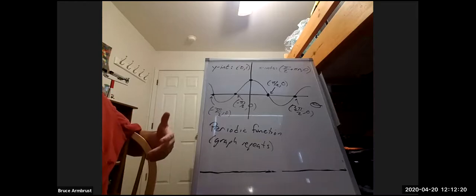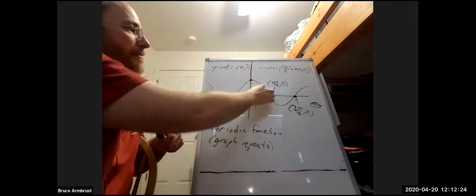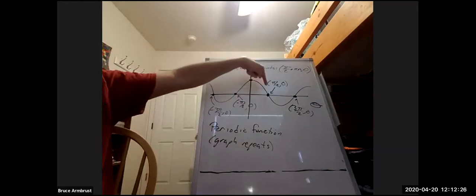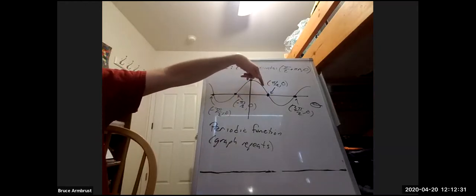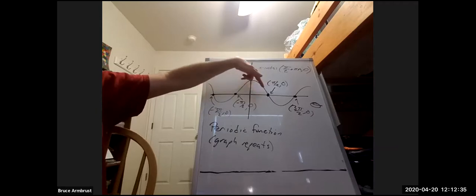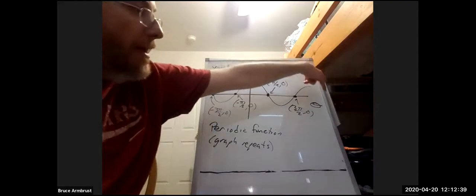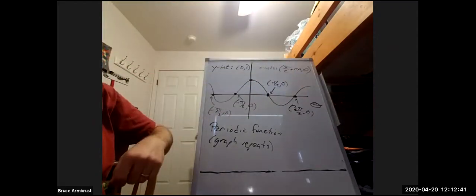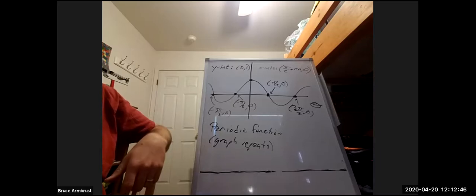So for example, if I just went 0 to pi over 2 and I had this part of the graph, and I just repeated that, I would not get a graph of cosine, because what I would see is half a hump and then another half hump, another half hump, doing the same thing. So our period is more than pi over 2.